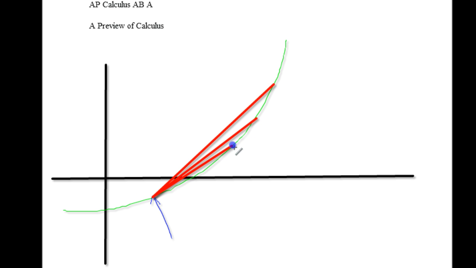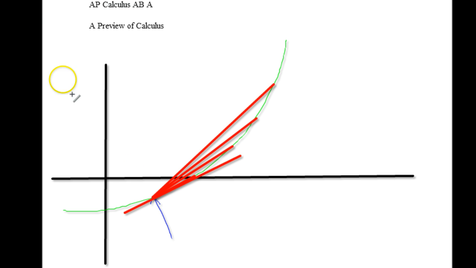And so what's happening is my secant line, if I do this enough, will actually turn into what is called a tangent line, which is going to be pretty hard for us to find, but you can actually find it using what is called the difference quotient, which we'll learn later.